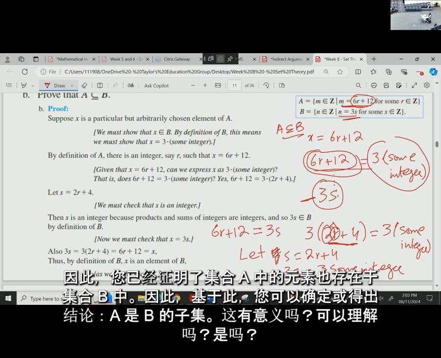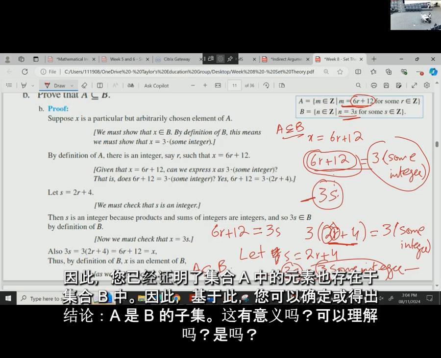So you have shown that the element in set A is also present in set B. So based on this, you can conclude that A is a subset of B.